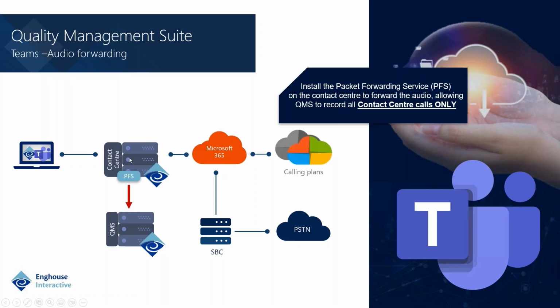That way we're getting a copy of the queued calls that are coming in, or if the agent is making an outbound call, because that's still part of the contact center ecosystem, we could also do the agent outbound calls. But the limitation would be that we could only really do that if at that point in time the calls are traversing through the contact center. An example of an internal Teams call to a user does not traverse through the contact center.